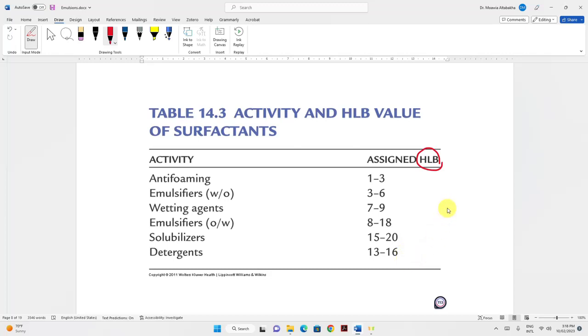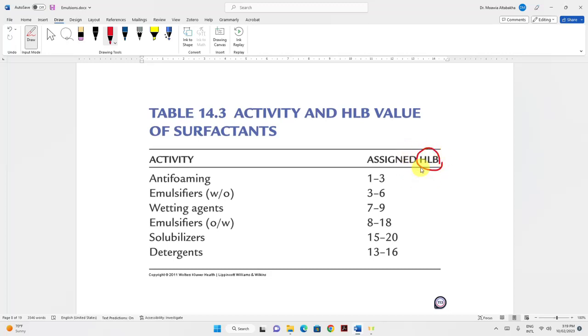Usually for most materials, the HLB value will be between 1 and 20, for most surfactants, but we have values as high as 40. For example, sodium lauryl sulfate has a large HLB value, so you might have a very large number. So what is the reason for this HLB?